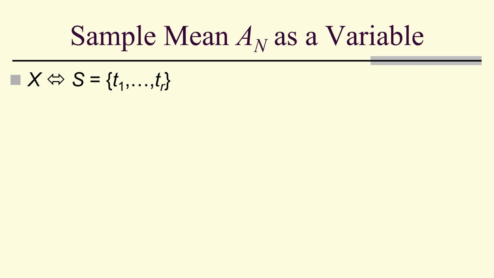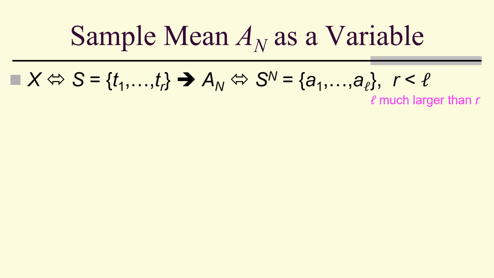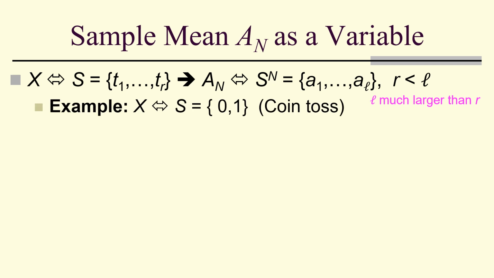So we can treat the sample mean as a variable. So if we have x associated with S and then the sample mean with another space, this L is much larger than the size of S. Then, for example, suppose we had a coin toss. Well, A2 would be associated with what are the possible averages you could get for tossing a coin twice.